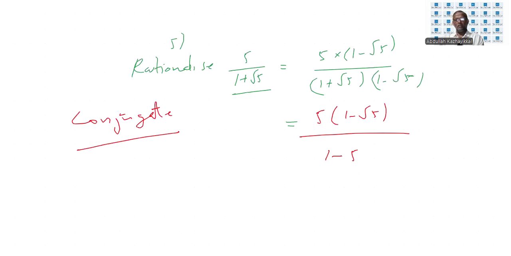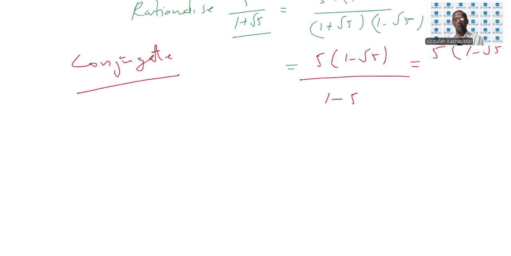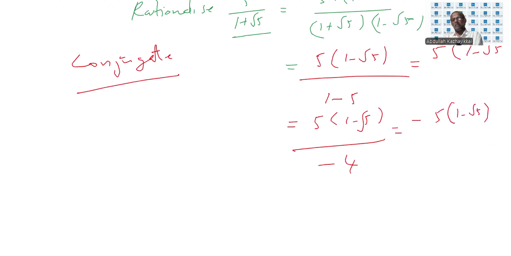That means 5 into 1 minus root 5, you can keep that, by 1 minus 5, which is minus 4. In standard form, put the minus on the numerator: 5 into 1 minus root 5 by 4. Now the denominator 4 is a rational number.